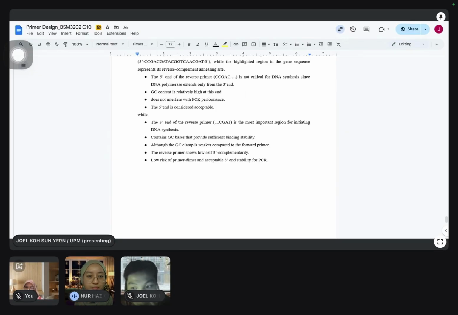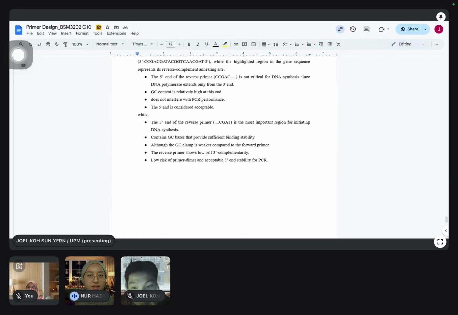In addition, the primers that I designed, not me, but the NCBI database designed, have optimal properties, including appropriate length, balanced GC content, similar melting temperatures, and stable 3' ends.